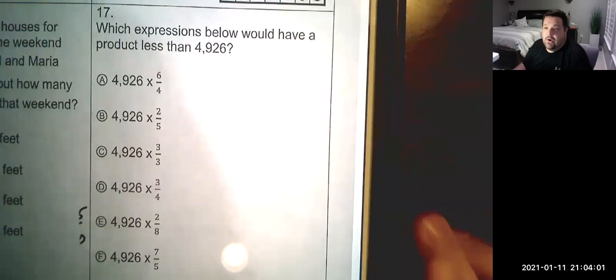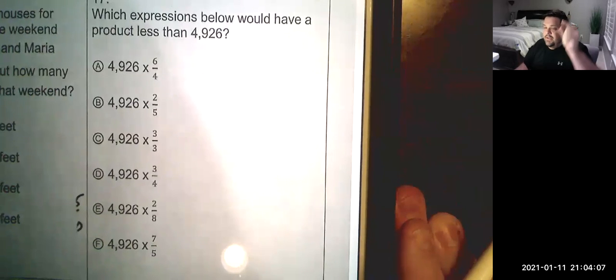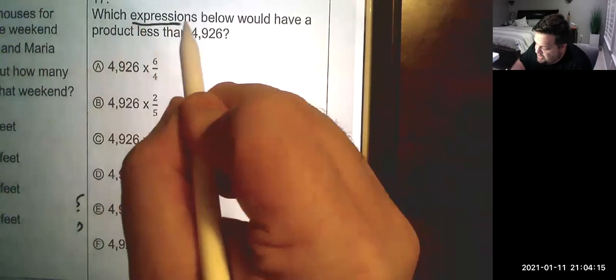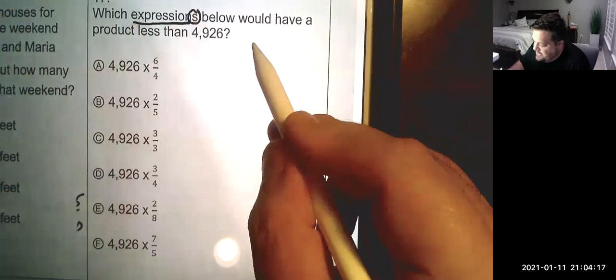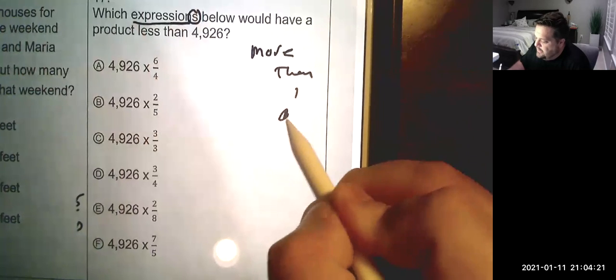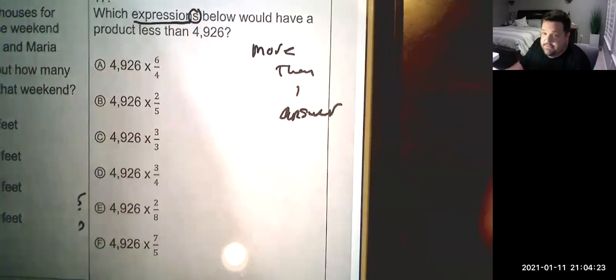Number 17 is either simple as heck or hard as heck for you, depending on if you remember my rule that I've said 10 times. If it's a fraction less than 1 and you multiply, it gets smaller. If it's bigger than 1, it gets bigger. Now make sure, here's the key to this question, expressions. That means there's going to be more than one answer.